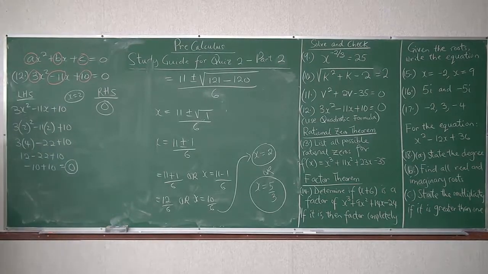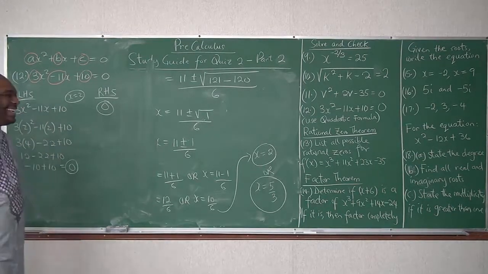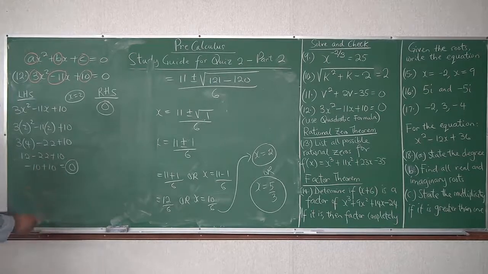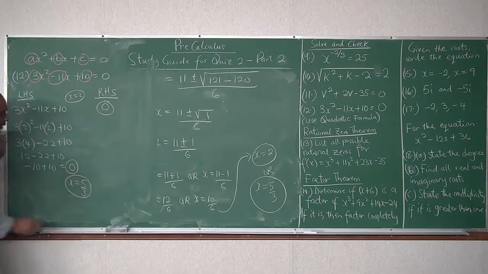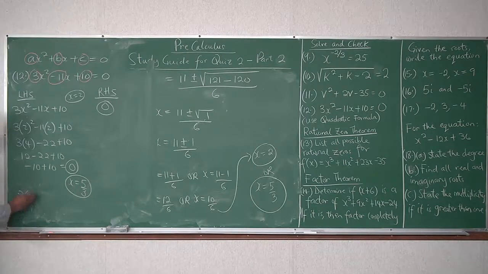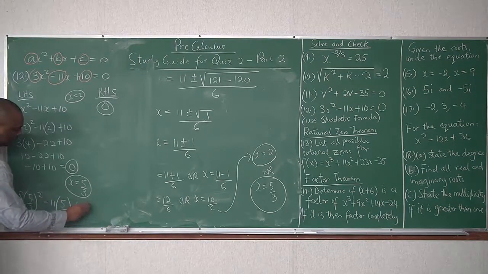Don't mind me. Okay, then the next thing, you check for x equal to 5 over 3. So this will be 3 times 5 over 3 all squared minus 11 times 5 over 3, then plus 10.